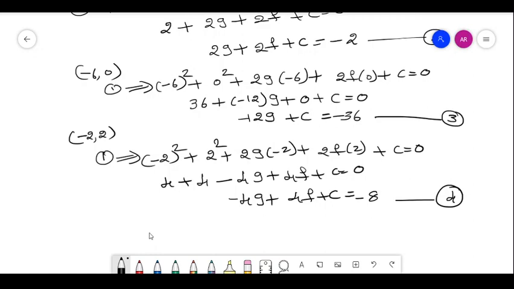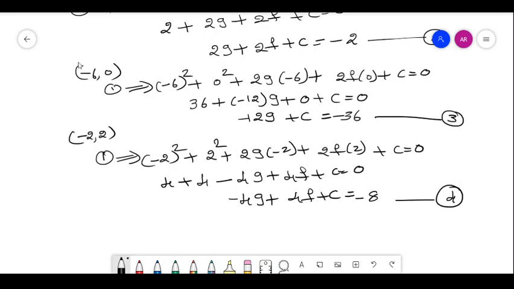Now, using any 2 equations, 2 and 3 or 3 and 4, you have to cancel the value of c.